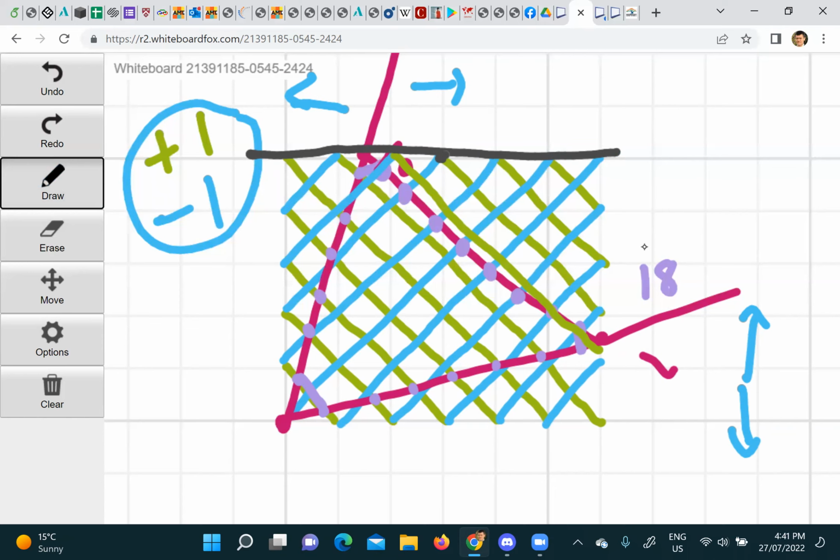Blue lines are touching every green line. So it doesn't change the number of squares you cut. And the same with this one, going up and down. So it'll still be 18. But of course, one consideration is if you get too close to the middle, the squares start being the same squares on both sides.